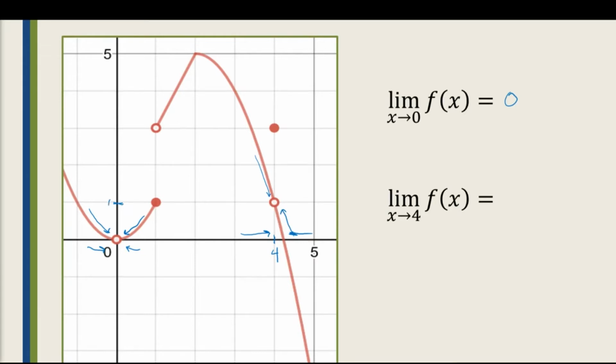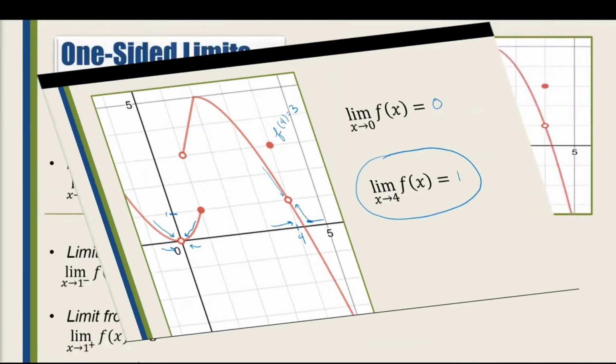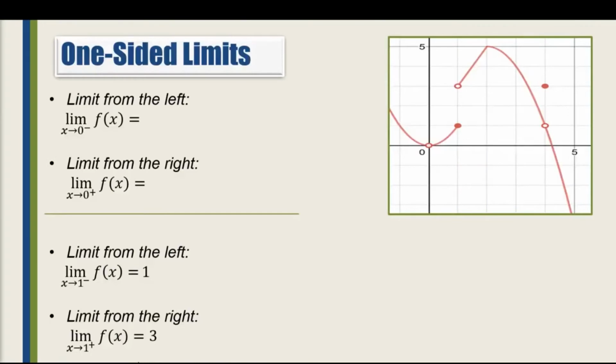So we would say the limit as x approaches 4 of f of x is equal to 1, even though f of 4 is actually equal to 3. So remember, the limit as x approaches a value does not necessarily have to equal the function value at that point. We can also talk about one-sided limits, where we're approaching an x value from only one side.